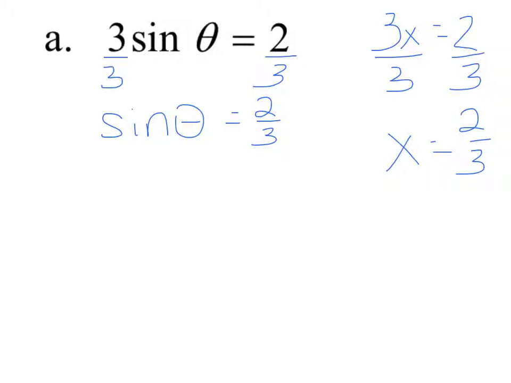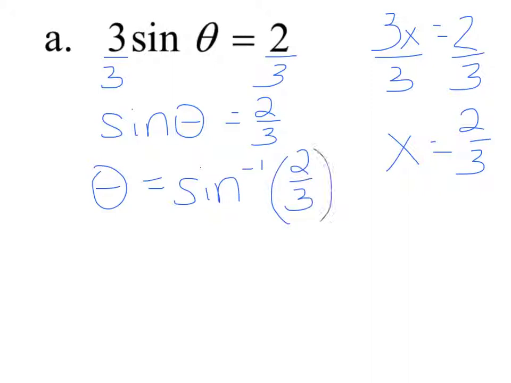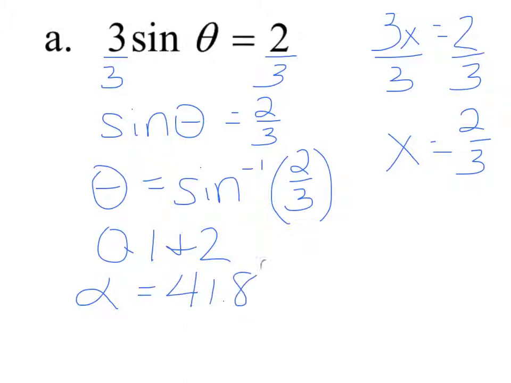To find theta, you want to know where sine inverse of 2/3 is. Because sine theta is positive, you're going to be in quadrants 1 and 2. You want to have a reference angle. When you plug this into your calculator, you're going to get 41.8 degrees.